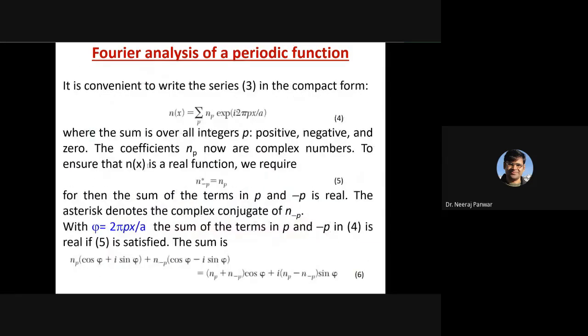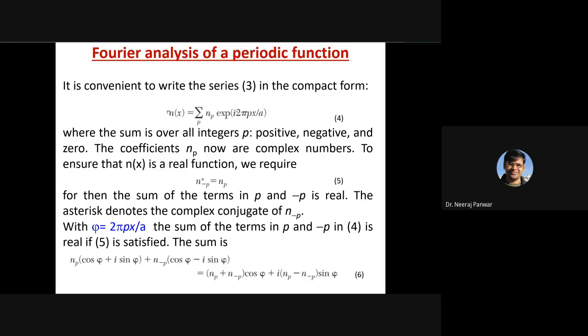All right. The coefficients n_p here are complex numbers. But remember, our electron number density is real, because the electron is in real space, so the number density is also real. And here we are saying this is exponential, this is complex. So we should prove that whatever terms we take here, ultimately we get a real electron density.